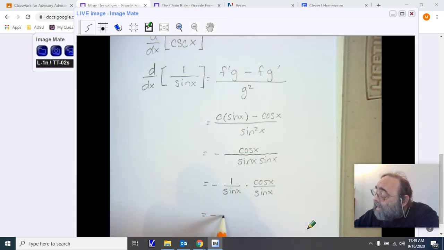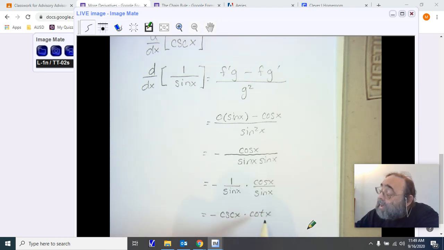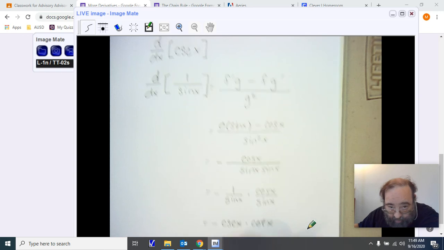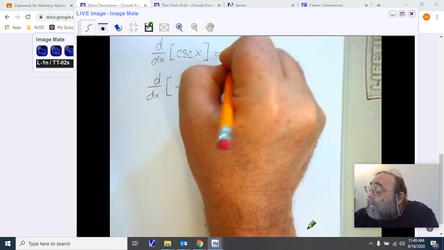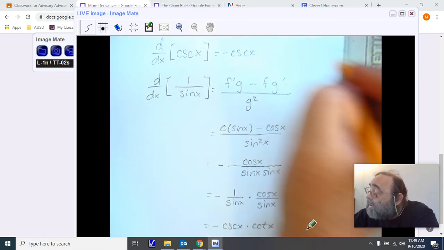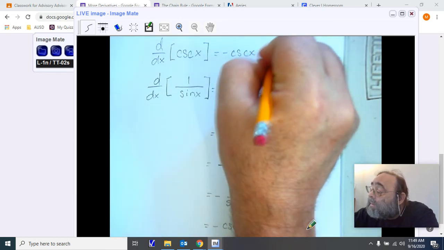And this gives us negative cosecant x, cotangent x. And that's our answer. That's what we're going to put right up here. Negative cosecant x, cotangent x.